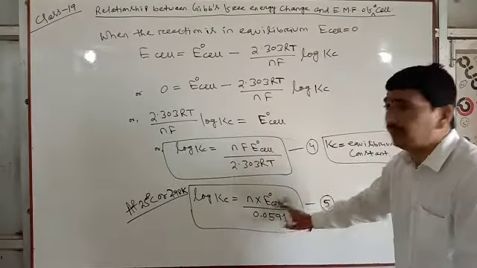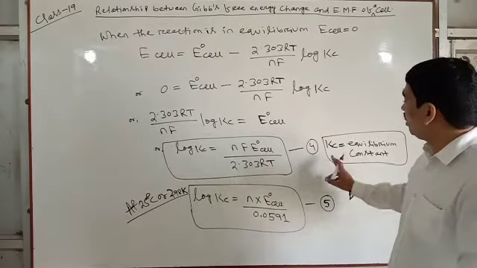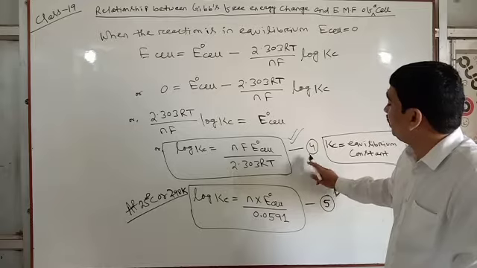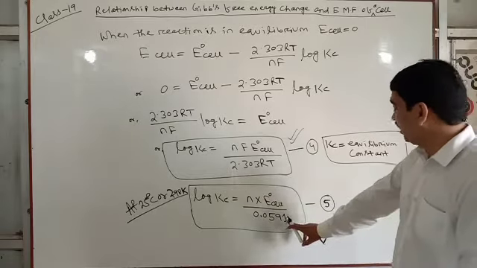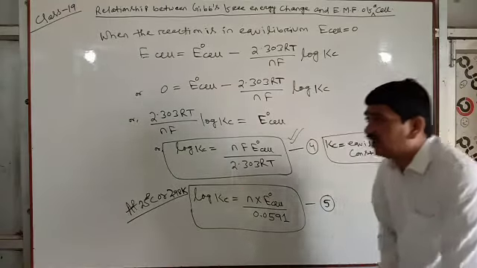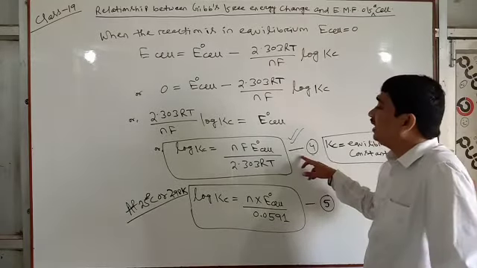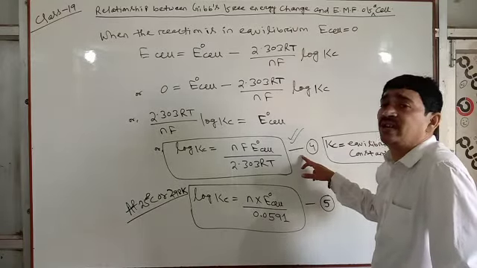In order to calculate the equilibrium constant at non-standard state, you will apply equation number 4. At standard state, you will apply equation number 5.